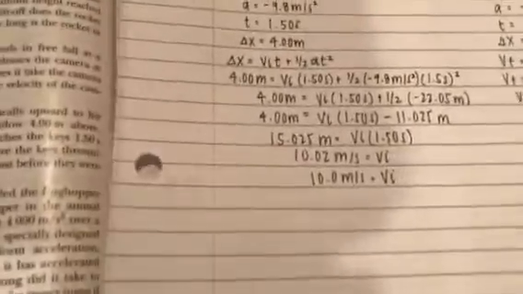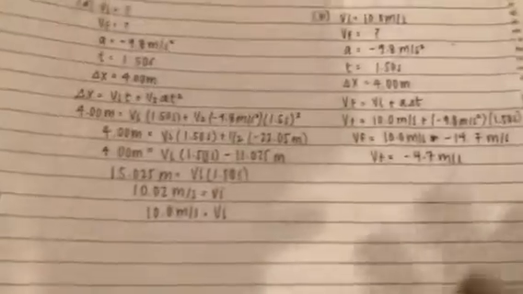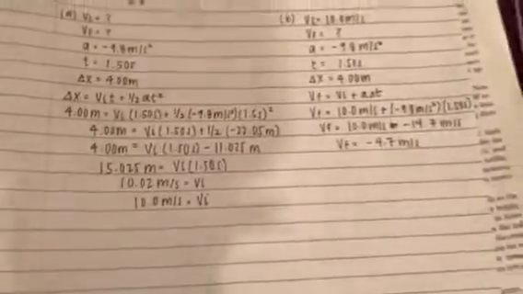So, the velocity of the keys just before they were caught is 4.7 meters per second downwards.